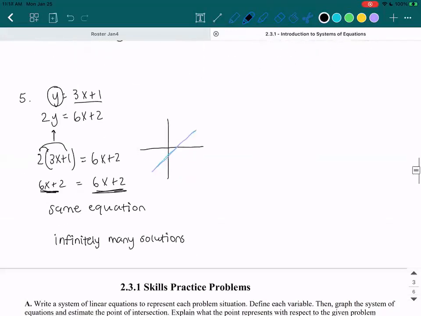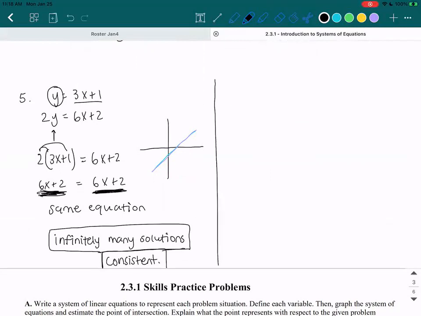So if you're going to have a graph that doesn't come out to one point, but literally it's the same equation because your lines are on top of each other, then that means you have infinitely many solutions, and remember that this is consistent. Okay? And so instead of having one point as your coordinate, as your answer, you're going to have infinitely many solutions. So this would be the answer for this example that I just came up with.